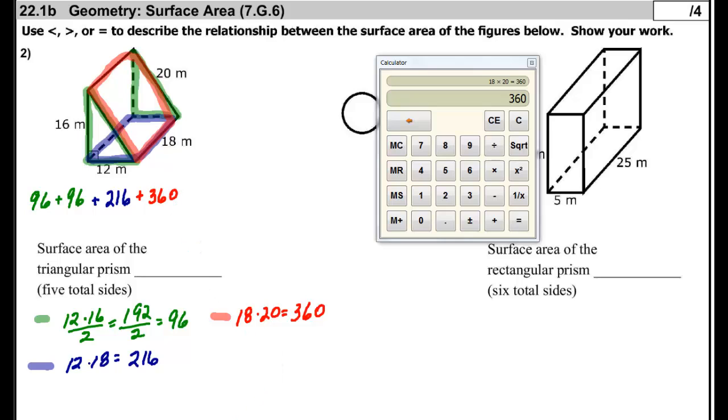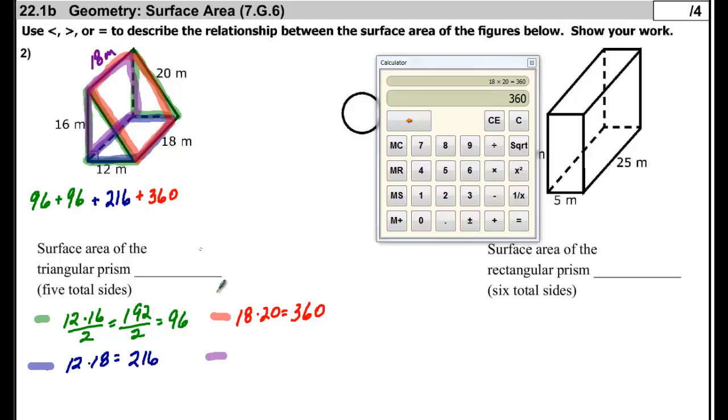And finally, we're going to have this back side. Or depending on how you see it, you might even see it as the front. It's the left side. So let's call it the left face. So that left face, we know it's 16 high, and this is 18, so this has to be 18 meters.